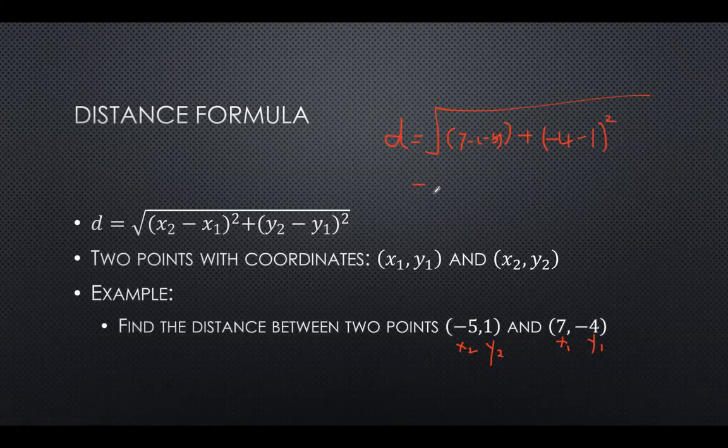After that, you just need to simplify the expression. 7 minus (-5) is 12, and there's a square here, 12 squared. Minus 4 and minus 1, you get minus 5, so minus 5 squared. And you should get 13 at the end.